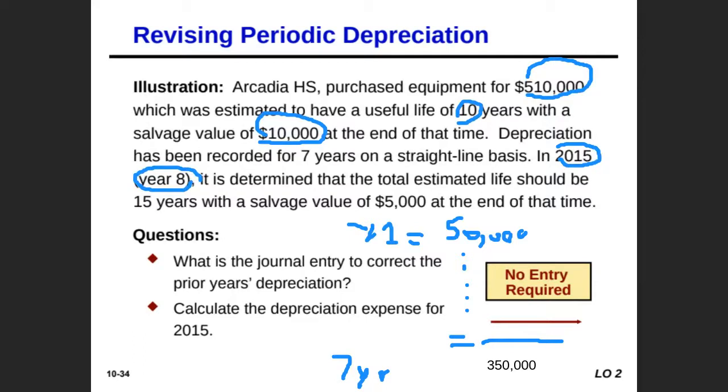What is the cost? 510,000 minus, not total depreciation, accumulated depreciation, remember, minus 350,000, right?